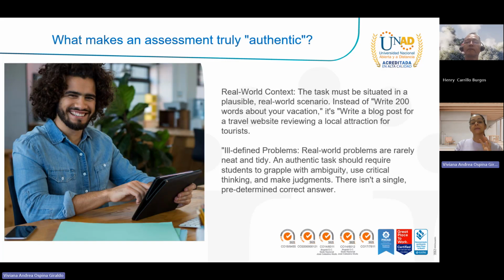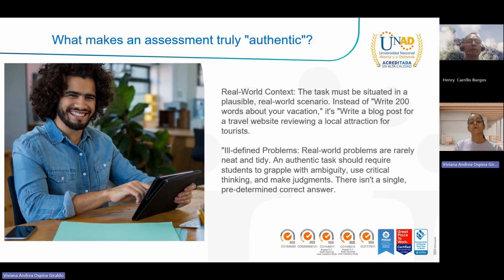So like I said, there are, according to what I'm giving you, five different things that make assessment truly authentic. The first one, real life scenarios where our students can propose, where they can write their own ideas, where they can resort to their previous knowledge.